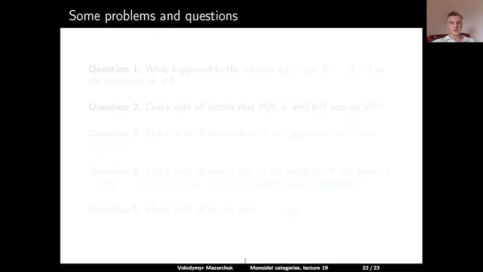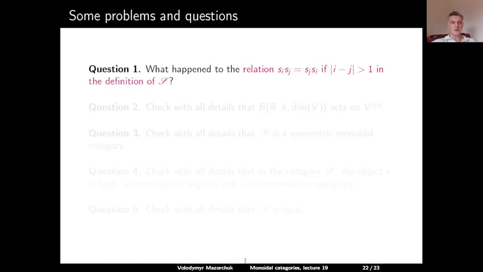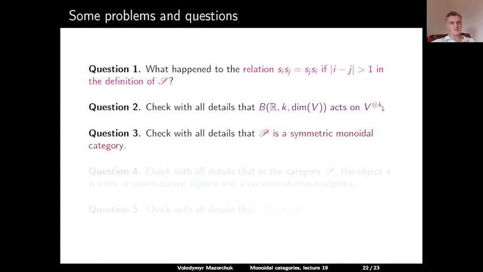So some problems and questions at the end. Question 1, what happened to the relation that the distant transpositions commute with each other in the symmetric group in the definition of the category curly S? Question 2, check with all the details that the Brauer algebra acts on V to the tensor power k.